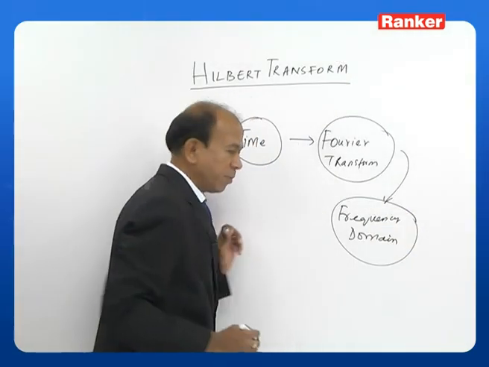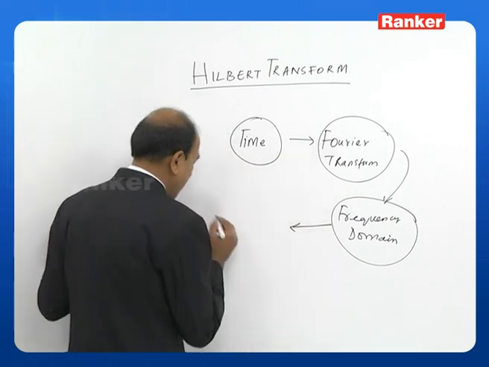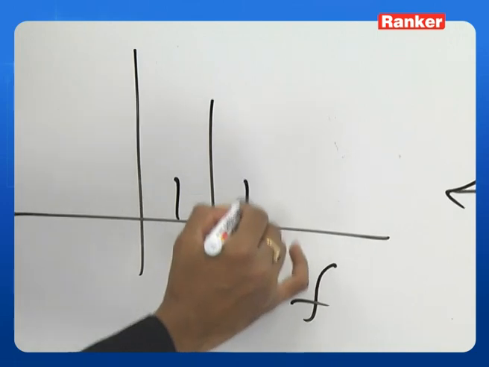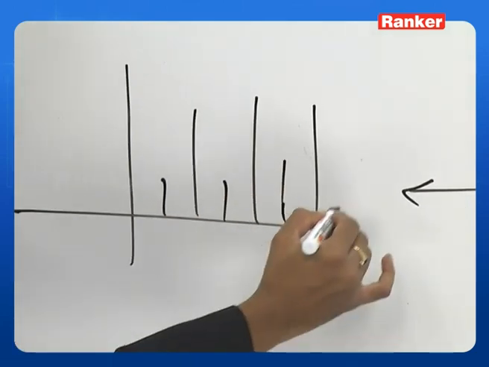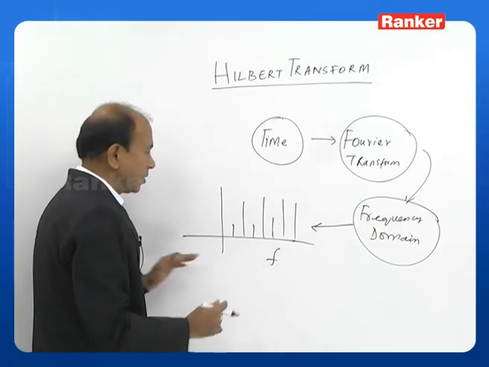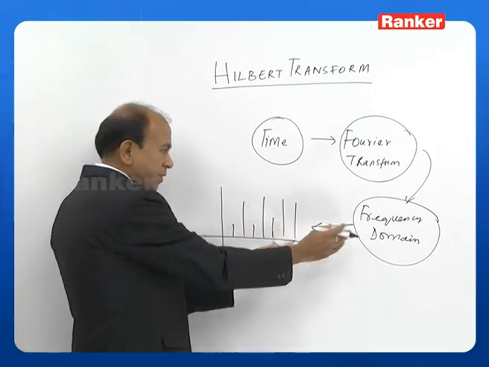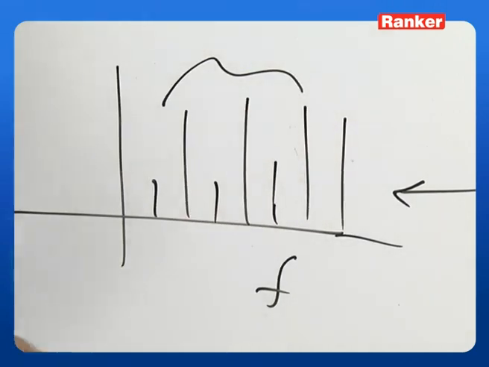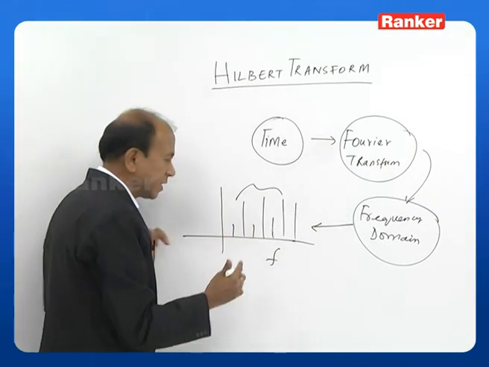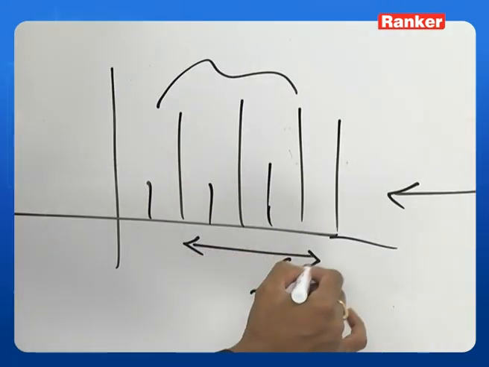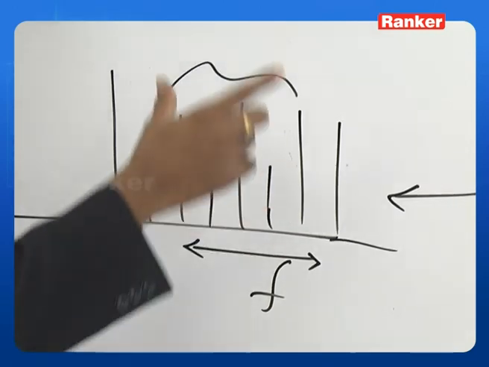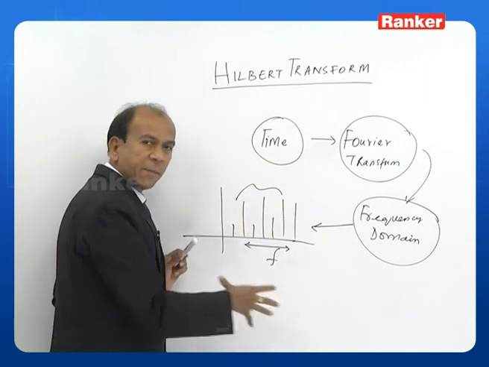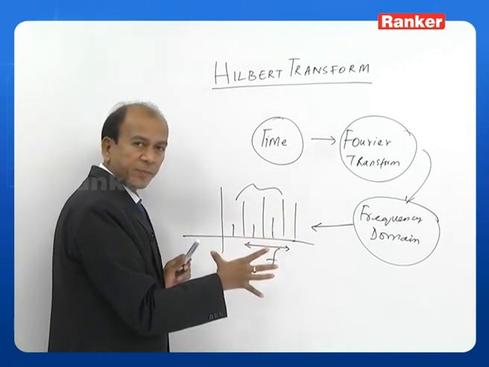When I say frequency domain signal, it means I have a frequency axis, and we can have different frequency components like this. So, these are different frequency components which we get from a time signal. Let us say I want to select only these two frequencies, this band of frequencies. Then I do what is called a filtration. Frequency selection is done, and then we do filtration to pick up only these components. This is the basic functionality of a Fourier transform.